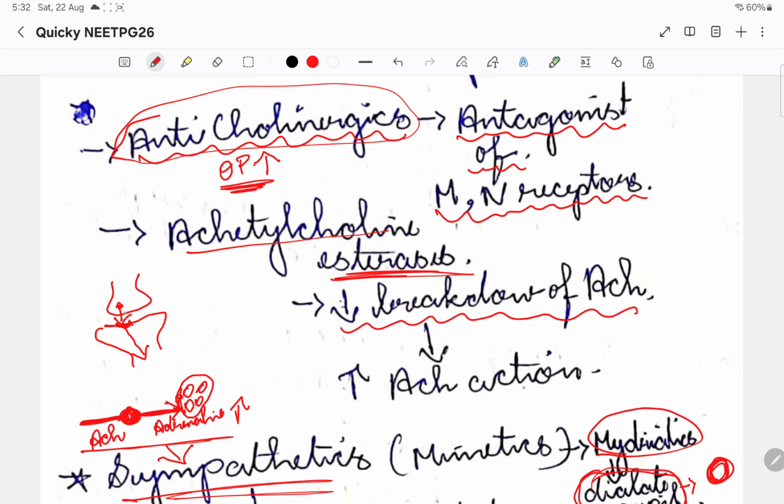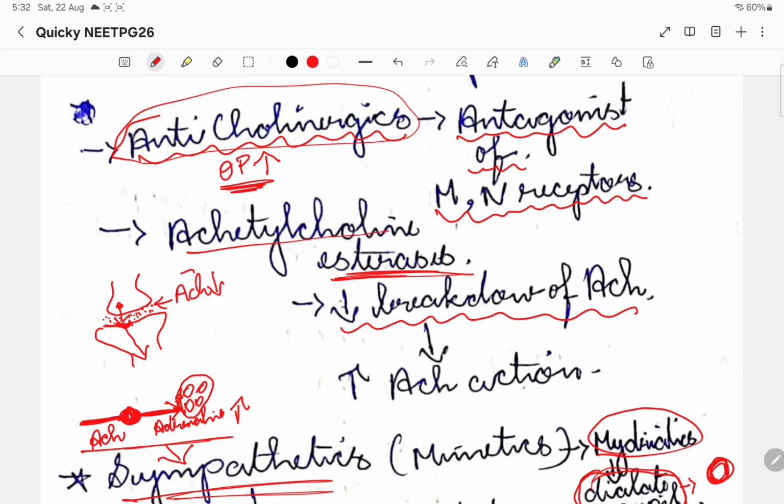Acetylcholine is released into the synapse. There is a component called acetylcholine esterase, which breaks down this acetylcholine.